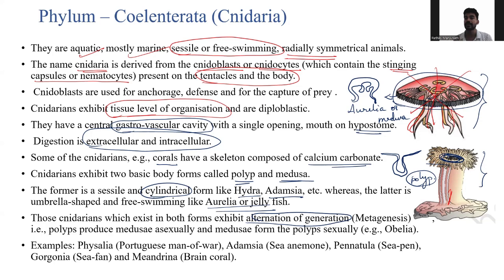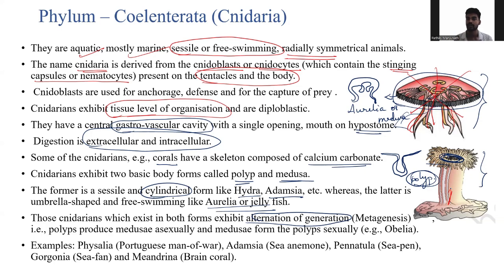So most of these are being produced by the sexual mode, and most of these are being produced by the asexual mode. Now coming to most of the jellyfish, you will see them sexually, and this somewhat you will see as asexual being. So that is the metagenesis, alternation of generation.